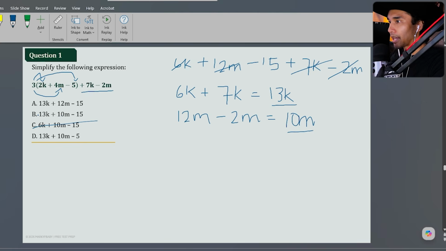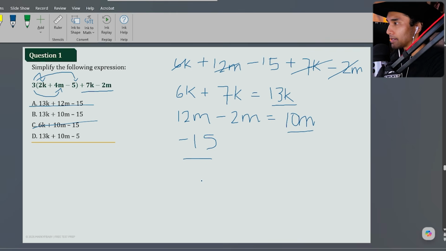And then we have 10m for B and D. This would eliminate A. So our last term is minus 15, right? Nothing could happen to this minus 15. Nothing can be combined. So I would write minus 15 like this, and there you go.